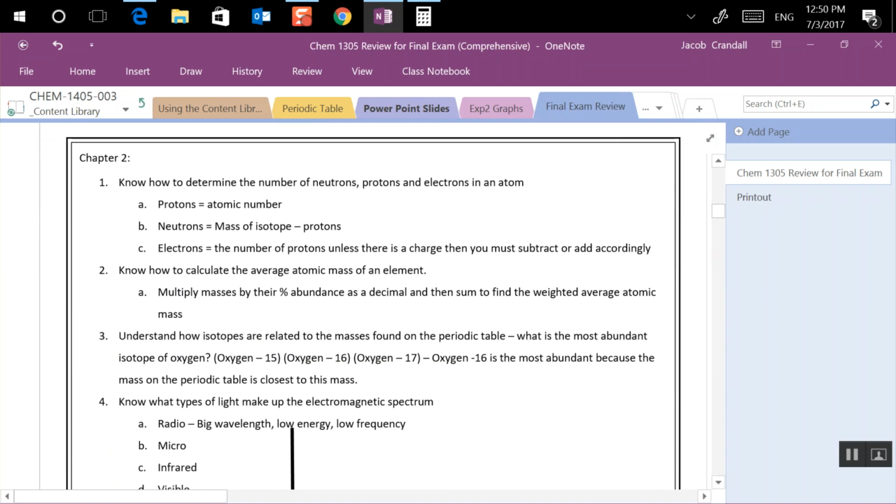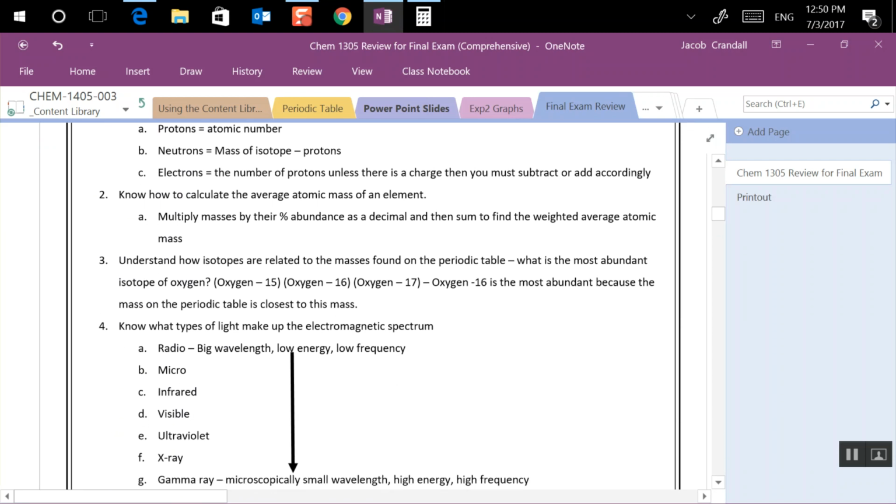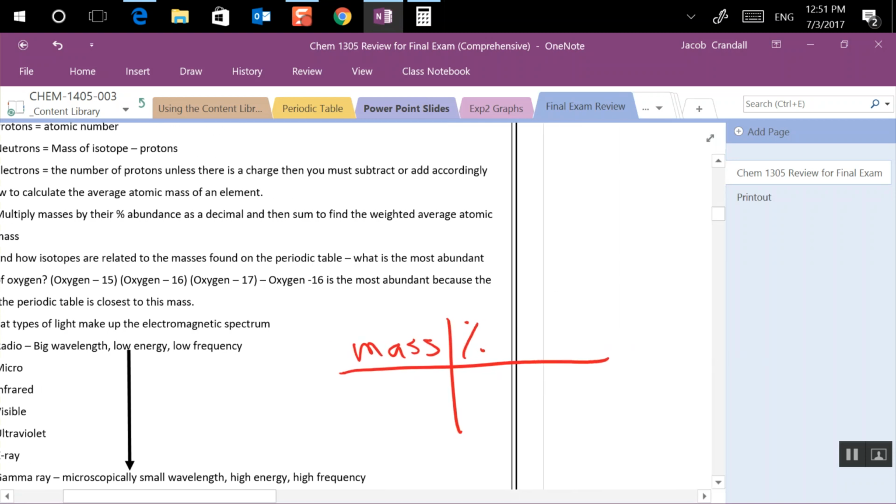Multiply the masses by the percent abundance. The percent abundance would be given in the question. Yes, it would. They would tell you what they are. So it'd be the mass times the percent. Okay?